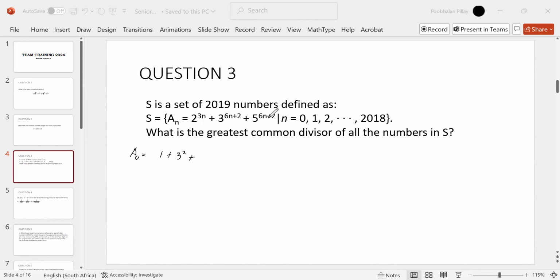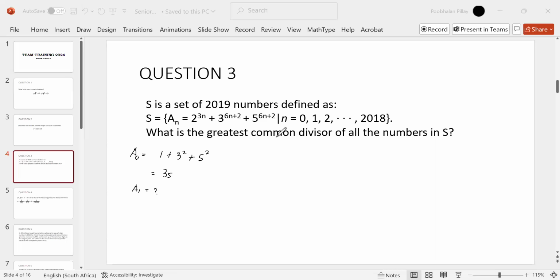And n equals 0 here. So that's 5 squared. Okay, so that's 35. So A0 is that, for example. And A1 you can work out, and A1 turns out to be quite a big number. These are exponents, so these numbers can be extremely large. Like if you take n equals 2018, and you imagine you got 5 to the power of some huge number. And then, okay, so these are the ANs, right? So you can work out A1 and A2 and so on.